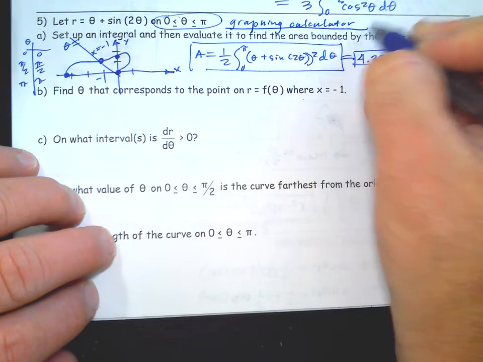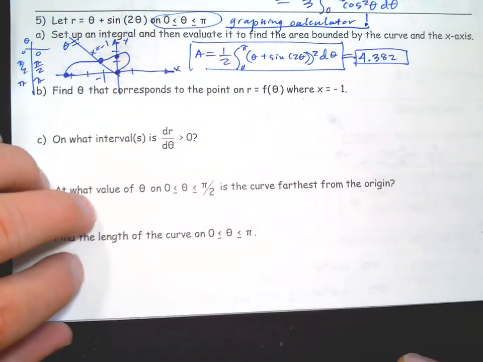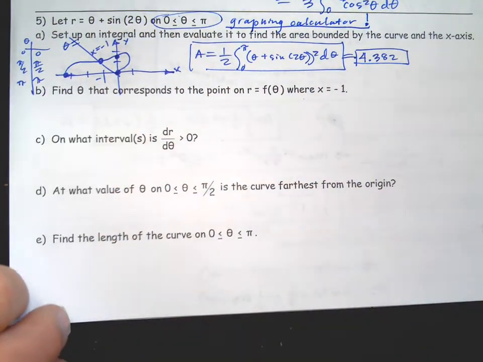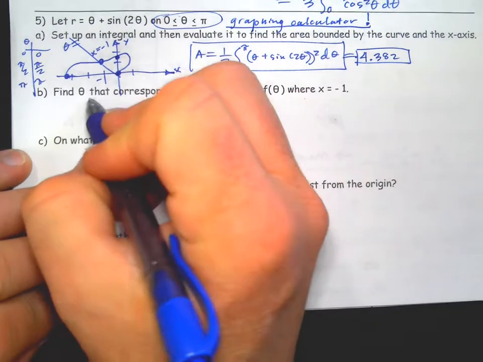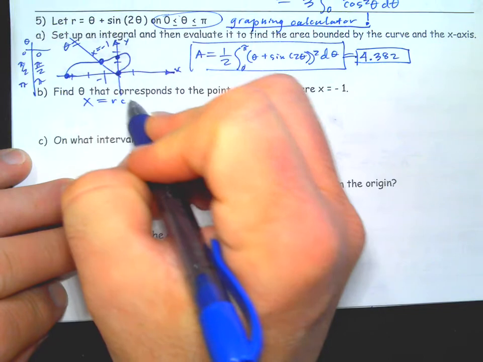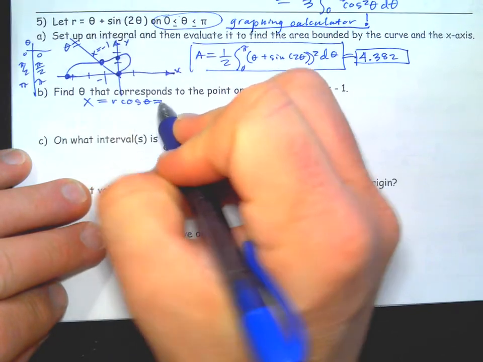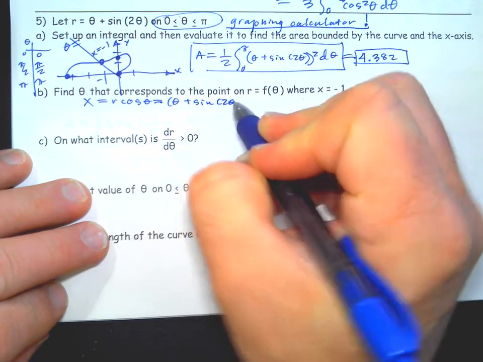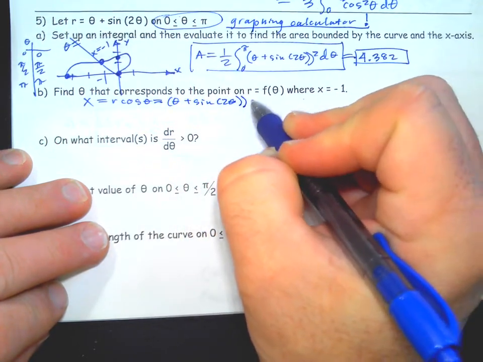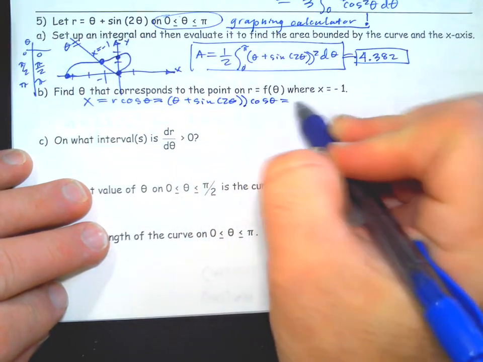Okay, and that would have helped in the quick graph too. So we're going to say x equals r cosine theta, right? And so that's going to be (theta plus sine 2 theta) times cosine theta, and that should equal -1.